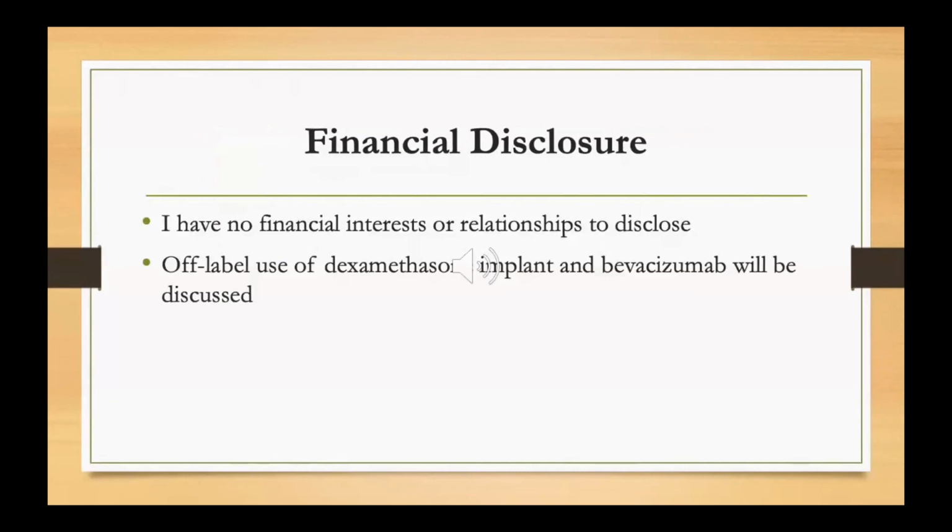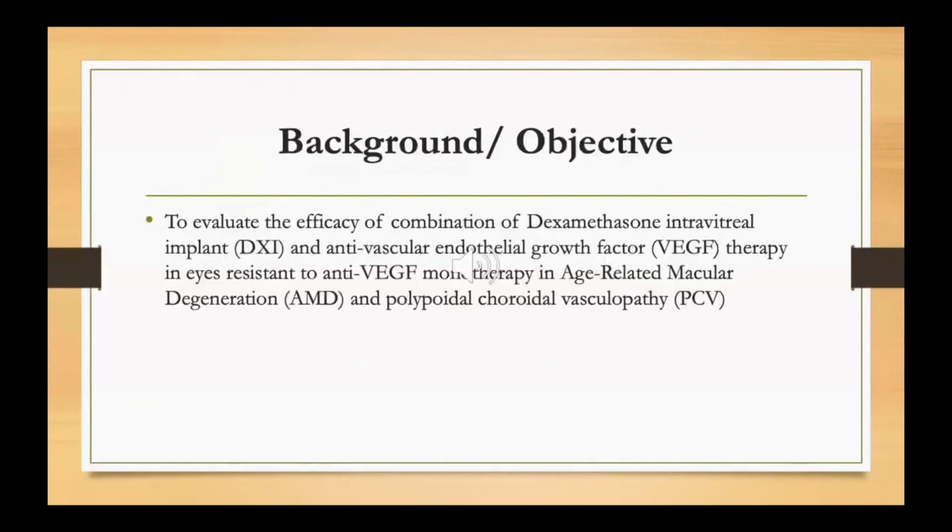Off-label use of dexamethasone implant and bevacizumab will be discussed. The objective of the study was to evaluate the efficacy of a combination of dexamethasone implant and anti-VEGF therapy in eyes resistant to anti-VEGF monotherapy in age-related macular degeneration and polypoidal choroidal vasculopathy.